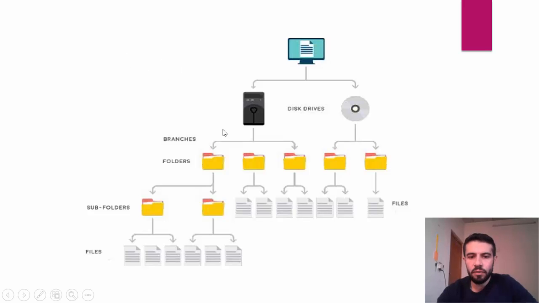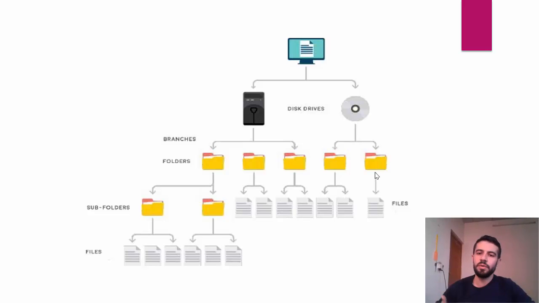So inside the drives we have folders like this. Inside the folders maybe we have subfolders. Subfolders means just a folder inside another folder. Inside a subfolder or inside a folder we can also add files. So you have this hard drive, and inside it we have drives, or maybe we add a flash drive or any external device, and inside it we have files, folders, subfolders.